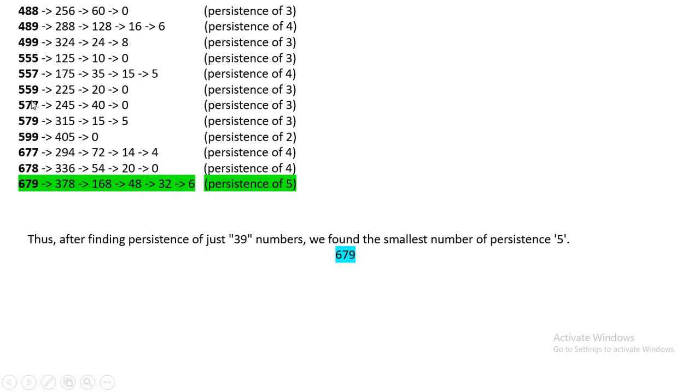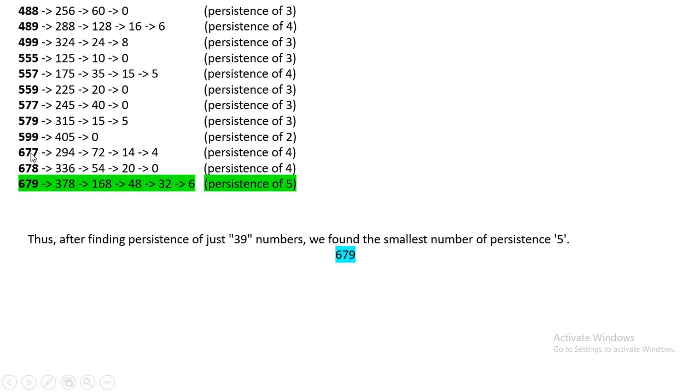Then in 70s again start from 577, 579. Why are we skipping 578? Because an even digit should not be included with 5, that will be of persistence 2. So after 579 we come to 590s. In 590s only one number, 599. So we have calculated the persistence of 6 numbers from 500 to 600.